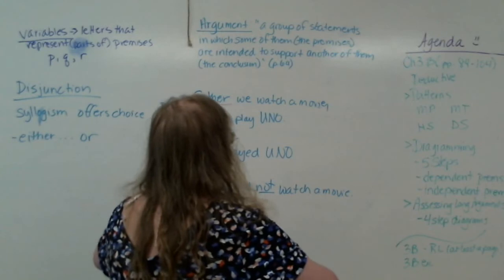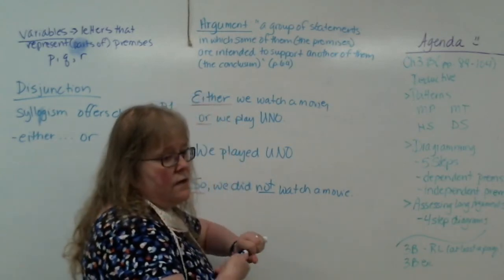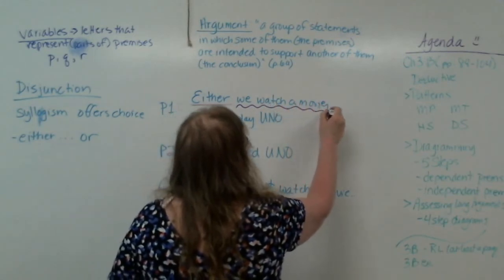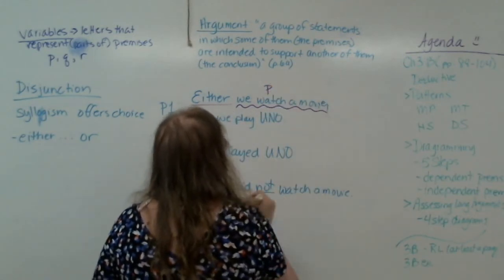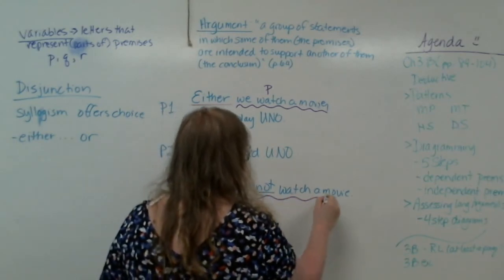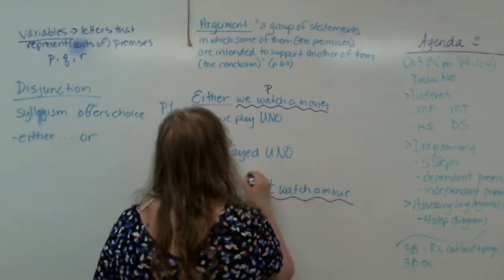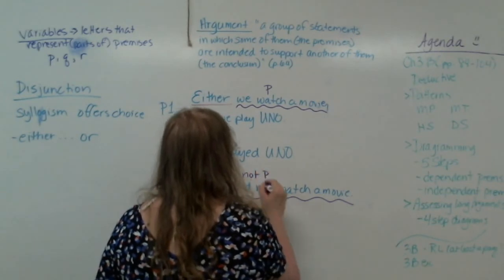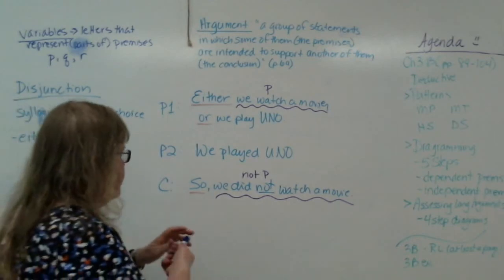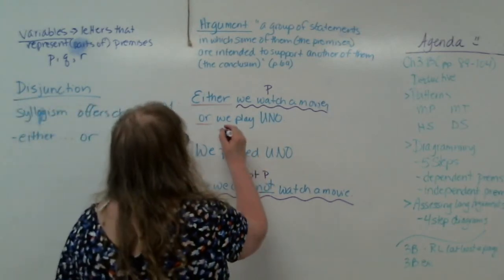Okay, so again, I'm going to use my same rules, and the first phrasing I see is we watch a movie. Okay, so that's my P. And then I go down and I see, oh, here's the other one. Okay, so this is a not P. Let's see if this is enough contrast.